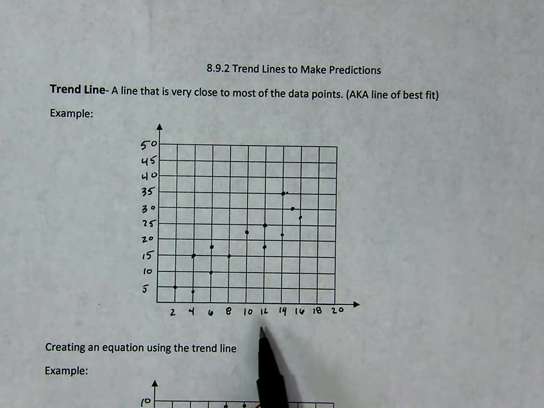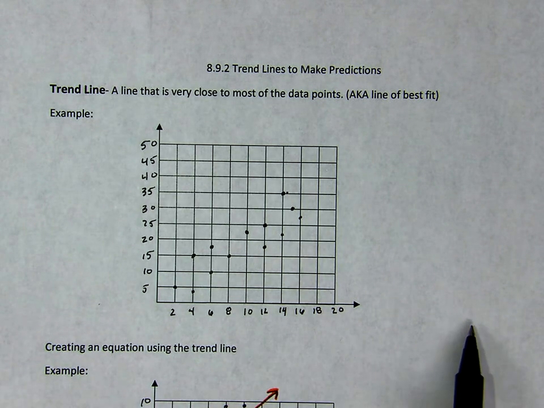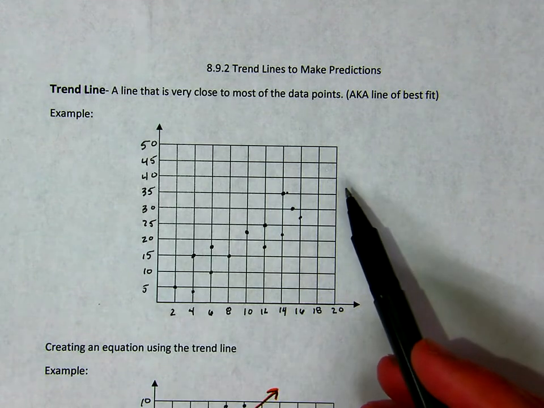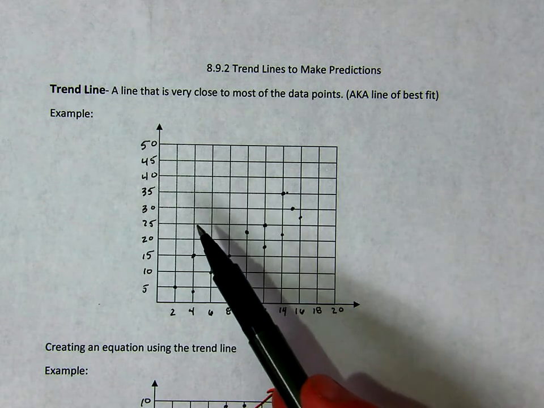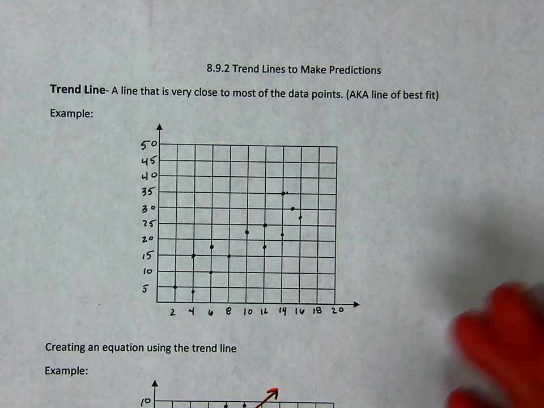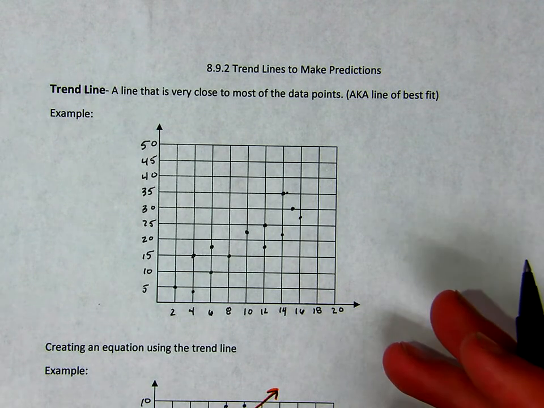So what if they ask for when the x value is 200? We're not going to be able to estimate that just based on this graph. So we're going to have to create linear equations, y equals mx plus b, based on the information that they give us.